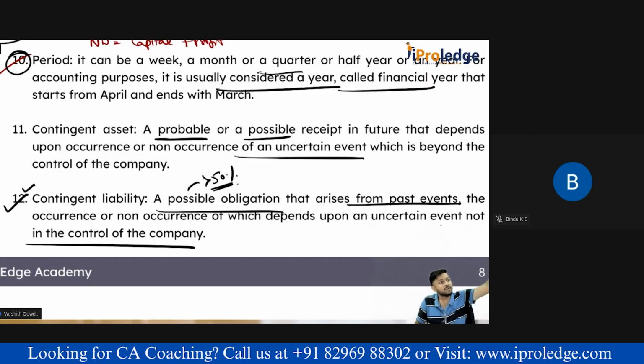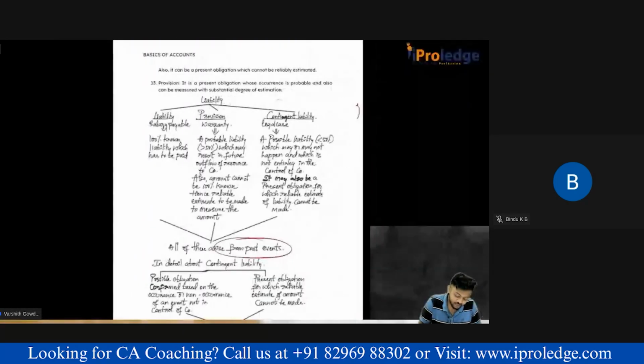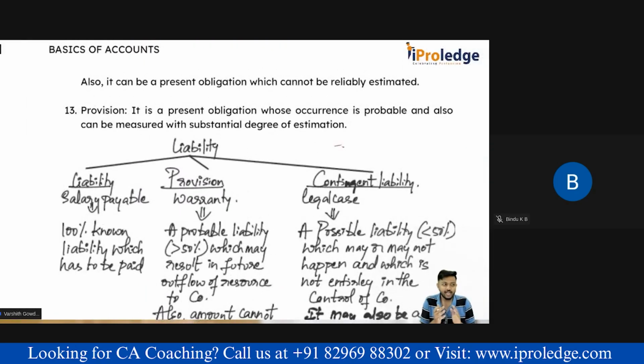Think from that company's side. If the court orders and the company gets 50 lakhs, then for that company it is a contingent asset, which has put a claim on it. Even if it thinks that the winning of the case is probable, will it record? No. If it is depending on an event, it will not record. Why? Conservatism concept. So that is about contingent asset and contingent liability.